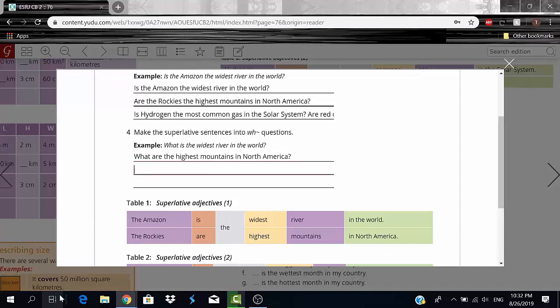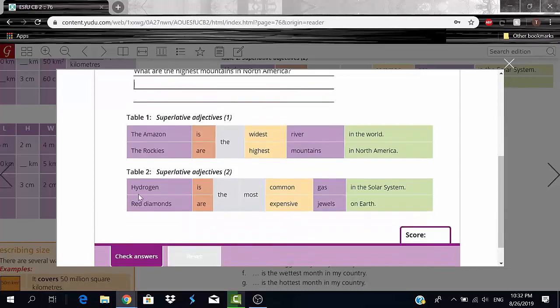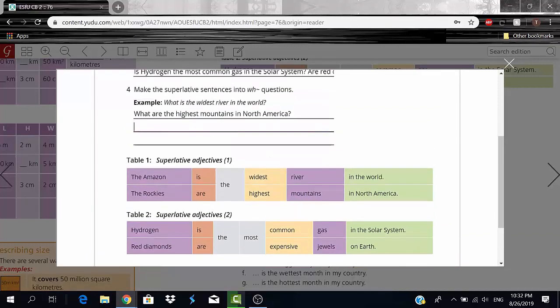So after that, we have table 2. Hydrogen is the most common gas in the solar system. And for that, I could say, what is the most common gas in the solar system? Right, you guys? So what is the most common gas in the solar system?